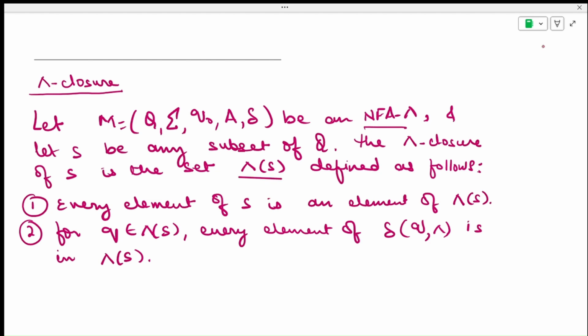Every element of S is an element of null closure, as well as if there is some element Q that belongs to null closure of S, every element of delta(Q, null), that is the delta transition function of Q reading a null, is an element of null closure of S. We'll take this as an example.